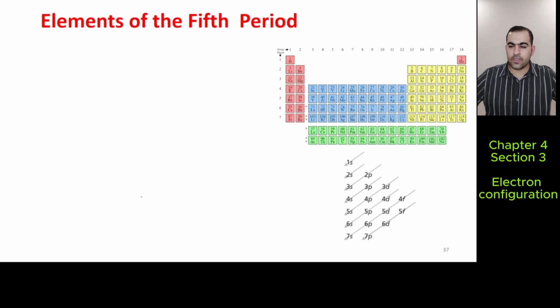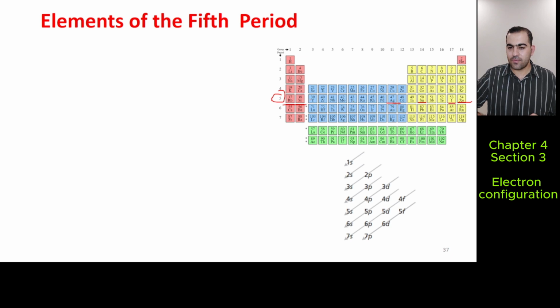Elements of the fifth period, guys. It starts from rubidium, strontium, then they are not common. Silver, try to know it. Tin, not just try, you must know it, because it is a common element.